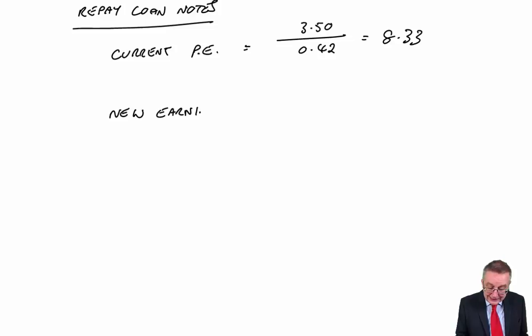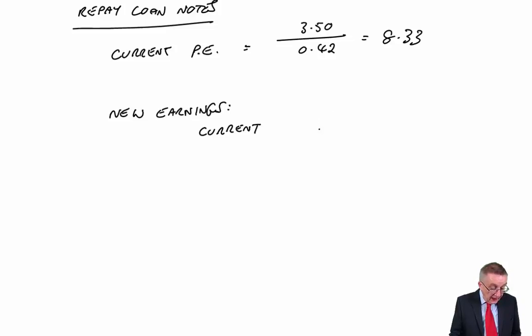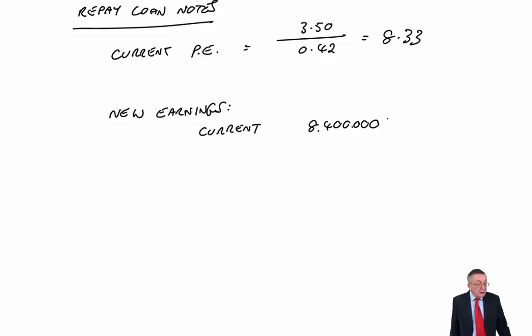Do it in total initially. We know what the current earnings are: 8.4 million. And that makes sense, it checks. Remember, we'd already said there are 20 million shares. The earnings per share are 42 cents. So fine, it is 8.4 million.